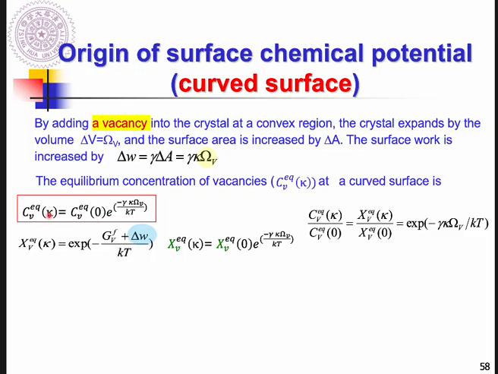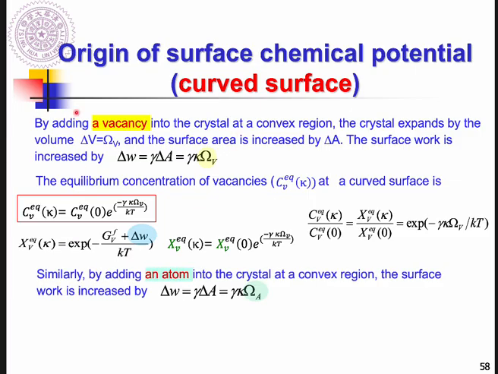But if kappa is not equal to 0, you can rewrite it and get this relationship, which helps you know the concentration of vacancy in terms of kappa. Okay, so now we know the atomic fraction of vacancy on the curved surface, like this. So this is for vacancy.